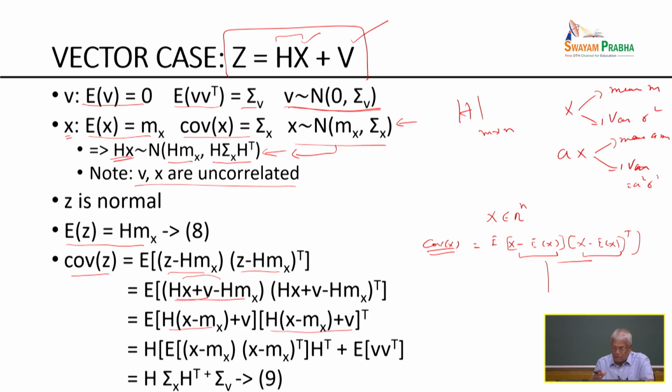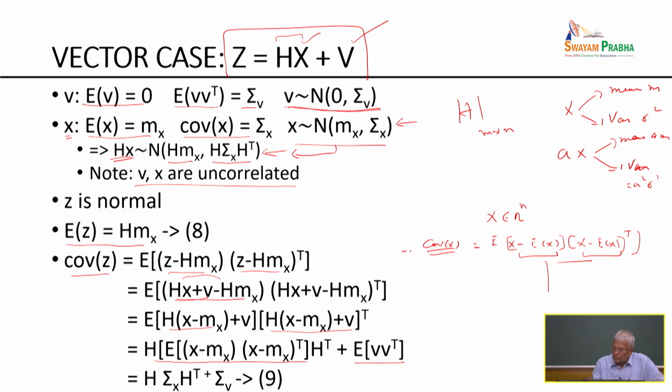I get 4 terms. So the 2 terms are in here, this other term is in here. The cross term will vanish because they are uncorrelated. Therefore, the covariance of Z is essentially H sigma X H transpose plus sigma V.